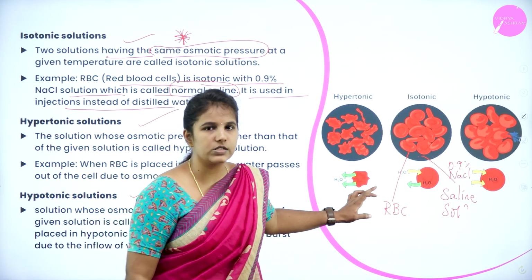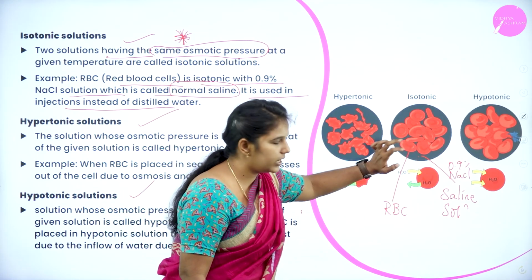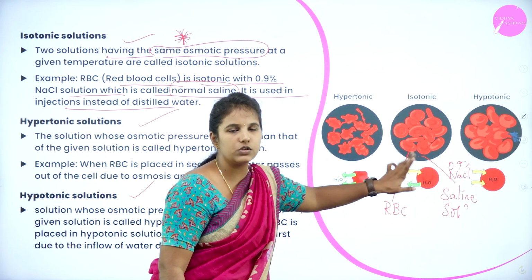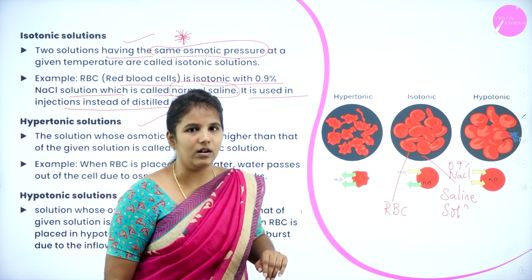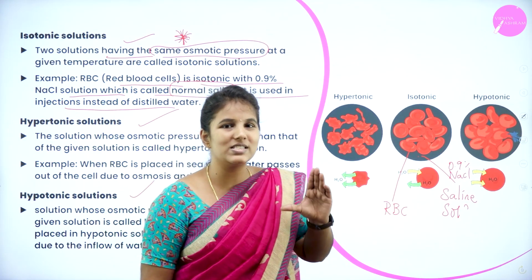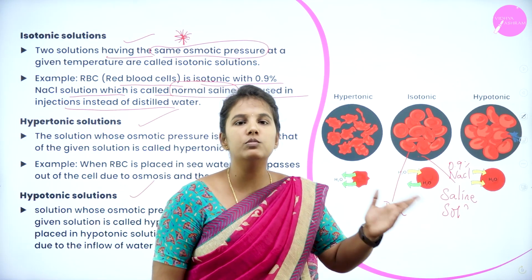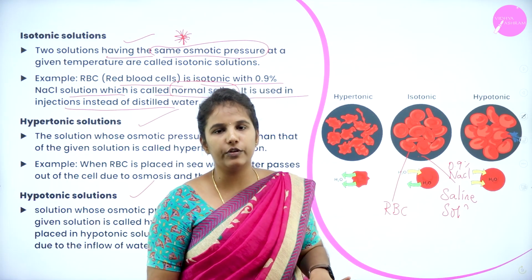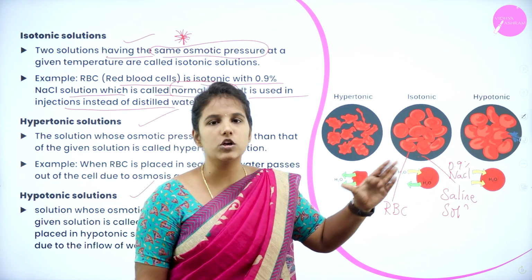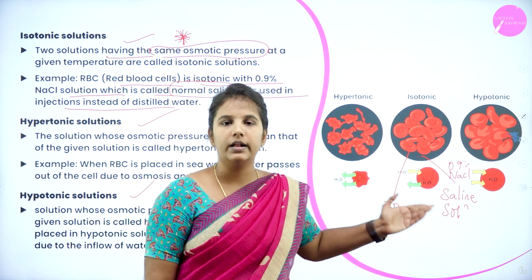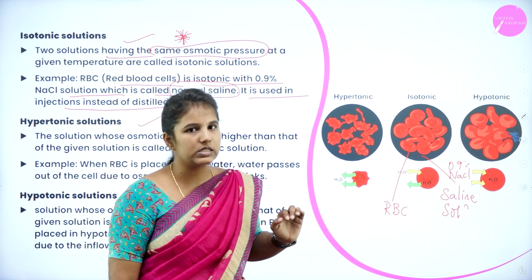Because in the red blood cells and in the saline solution, the osmotic pressures are almost equal. Because the osmotic pressure is equal, there will be no movement of the solvent and solute. That is why no osmosis takes place in the case of an isotonic solution.